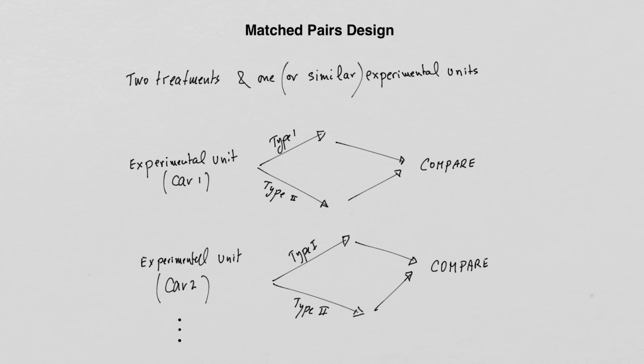Now, how do you do it? Of course, you fill the car with this type of gas and you run on it until the tank is completely empty, and then you fill the same car with the second type of gas, and then you compare the results. And you say, oh yeah, I got more mileage by using this type versus that type. Or maybe when I went for a tune-up, my car did better when I used this type of gas.